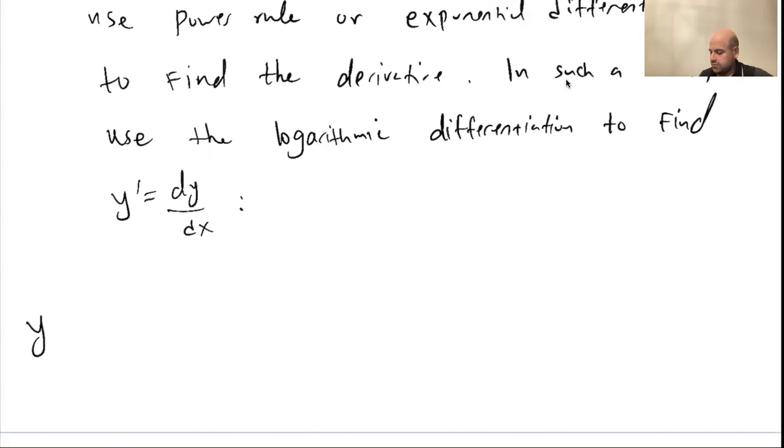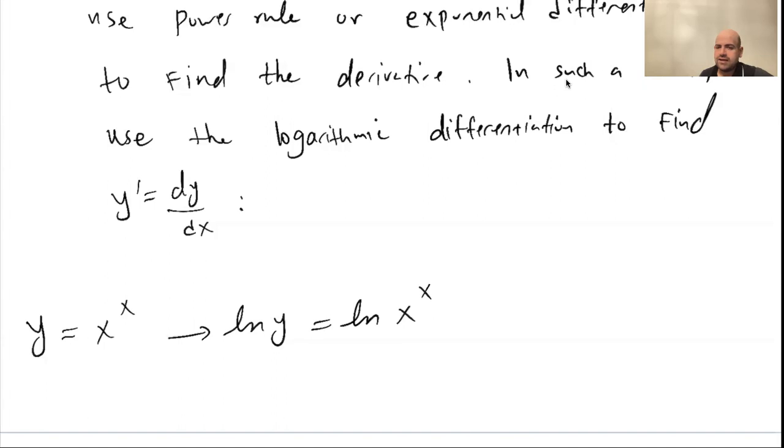So y is equal to, again, let me say x to power x, then ln y is equal to ln x to power x. Right, so logarithmic differentiation means take ln from both sides first, then use logarithmic properties to simplify, and then differentiate both sides. So I took ln from both sides.